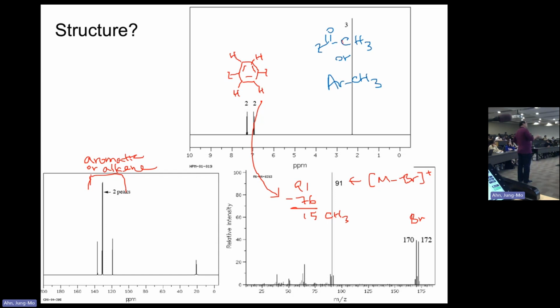The chemical shift is between 2 and 2.5, which is typically next to the benzene or next to a carbonyl. But in our case, we don't have a carbonyl, so it's trivial. The methyl is directly connected to the aromatic ring, the benzene. So the methyl group connects to this one, and the bromine connects to the other one. So that should be the molecule giving out the spectra.